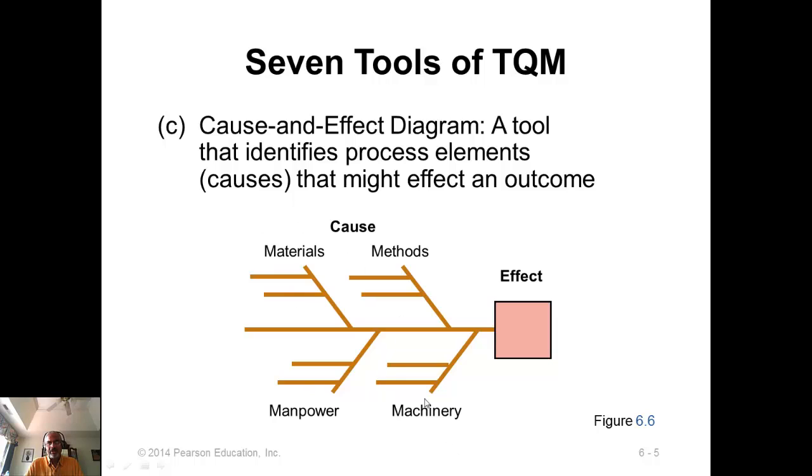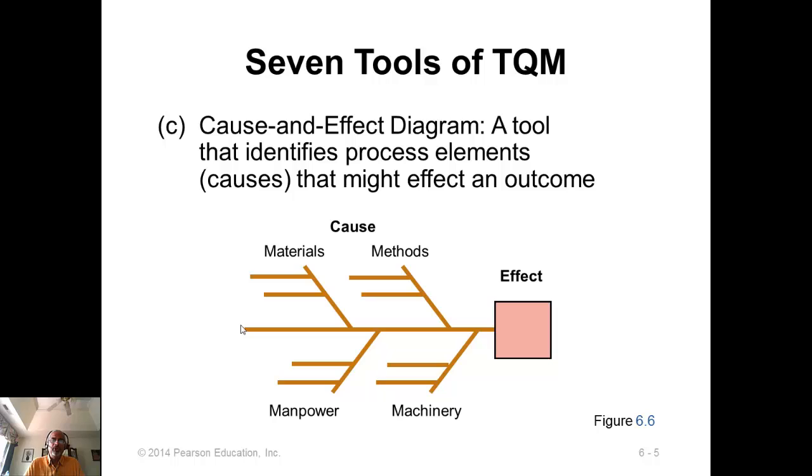The causes that are related to machinery or equipment, manpower is labor, materials is raw materials, parts, components, and so on, and methods is production process and procedures. There may be others, but these 4 M's are basic, and you organize all these different causes in this fashion, then that is called a cause and effect diagram.